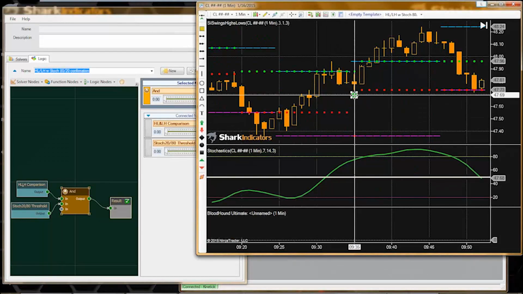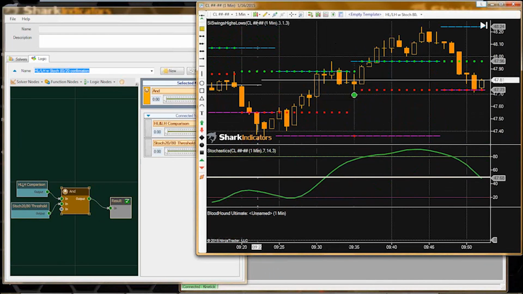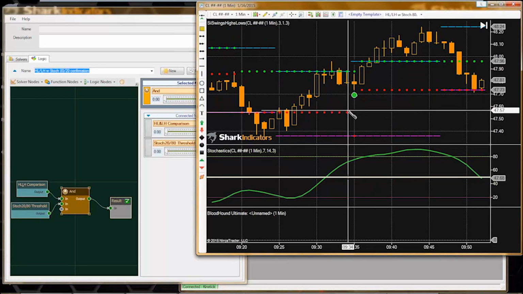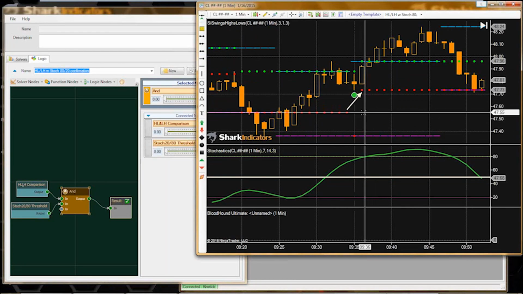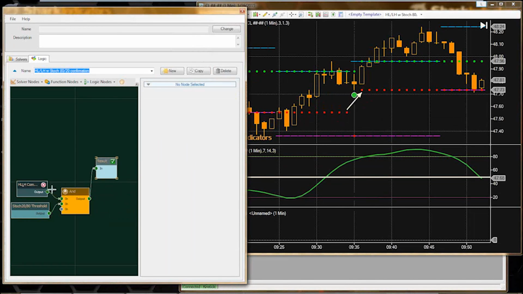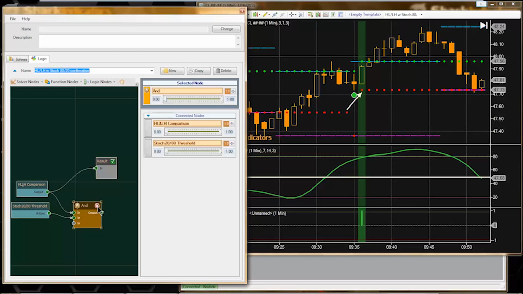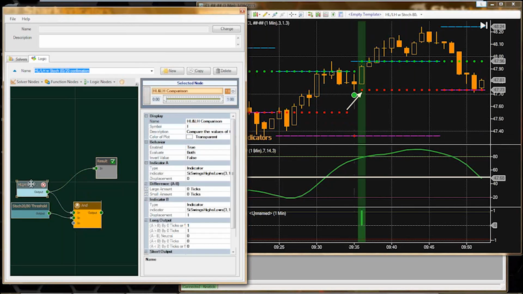And look here, we didn't get this long signal. We did get the indicator to step up, but something happened here. So let's take a look at the individual solvers. All right, our higher low and lower high.